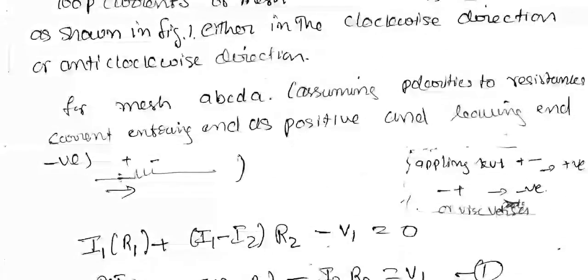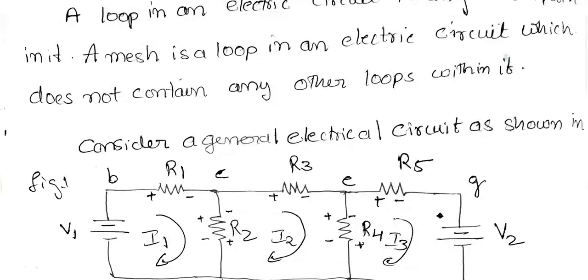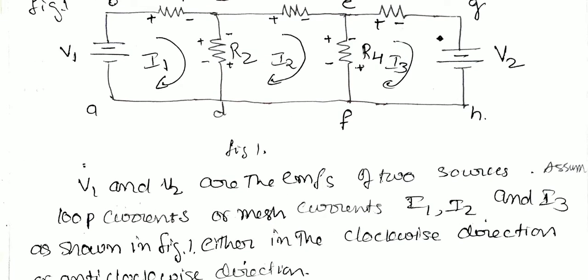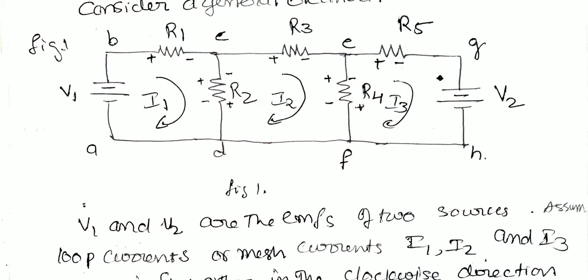Okay. Similarly, we will apply KVL for the last loop E, G, F and H. Here the current through R5 is I3. The current through R4 is I2 minus I3 or I3 minus I2. Because I am applying KVL in the direction of I3, I am taking I3 minus I2 into R4.